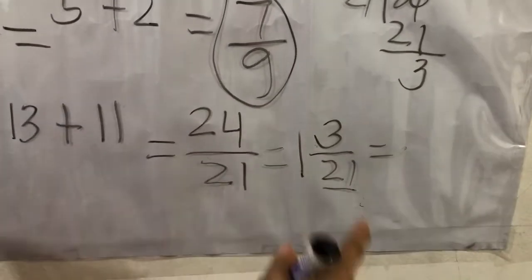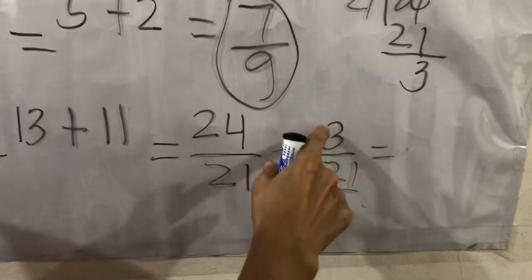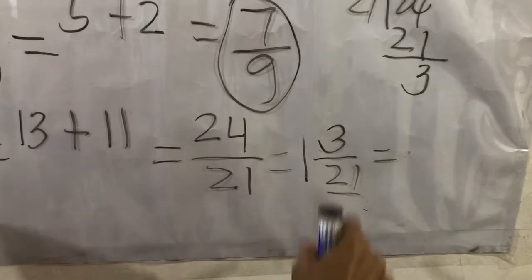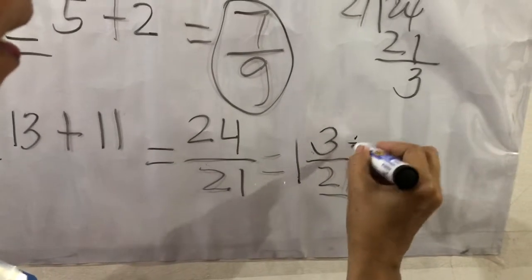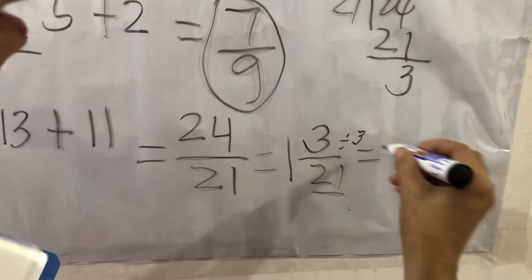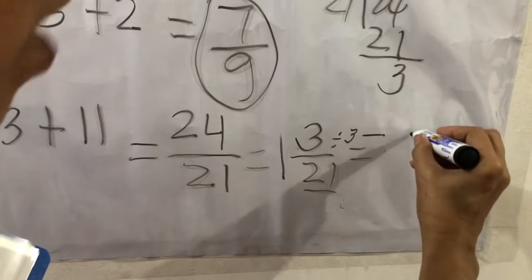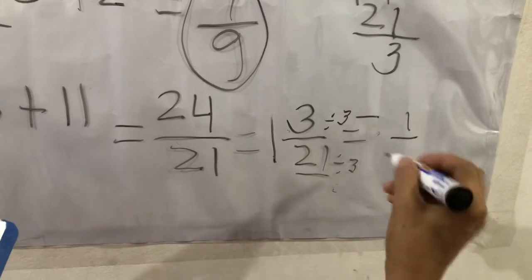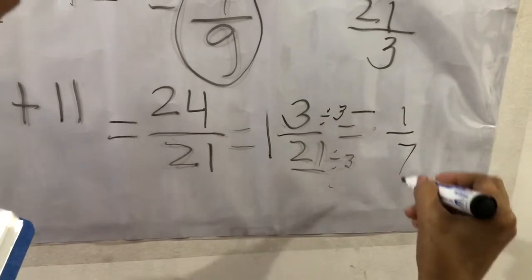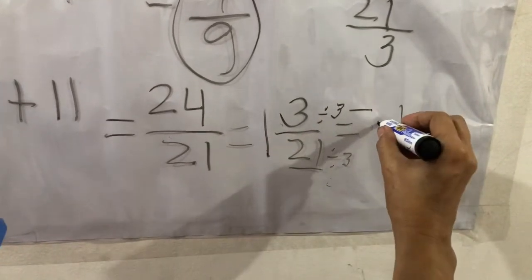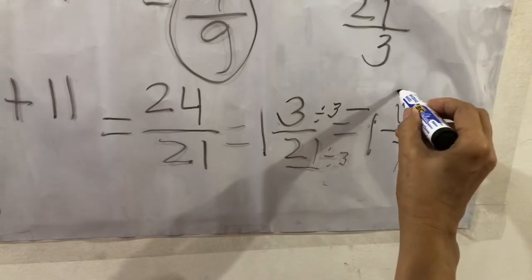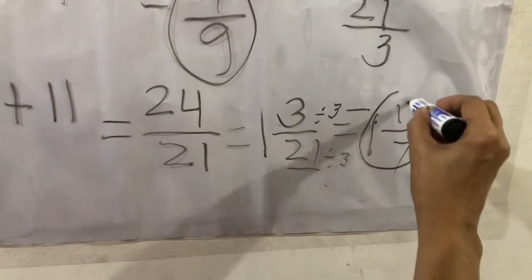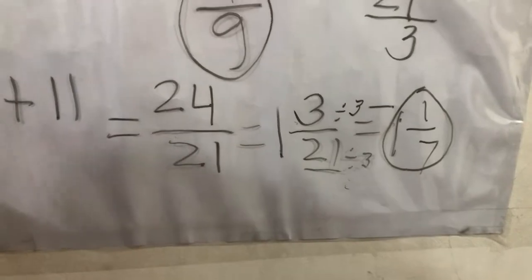We can divide 21 by 3. That is 7. So you divide 3 by 3. The answer is 1. 21 divided by 3, the answer is 7. So you copy 1. So that is now the answer in lowest term.